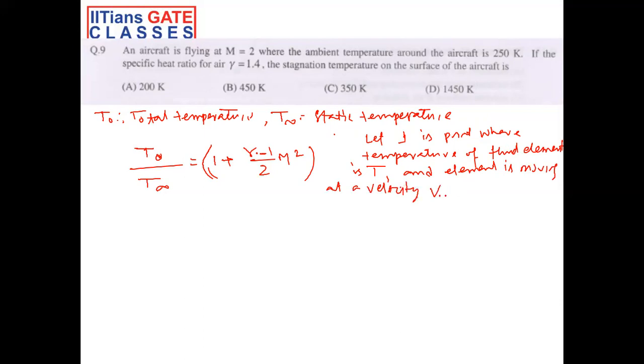Now if this fluid element which is moving at a velocity is brought to rest isentropically, and that point is denoted as 2, then the temperature at point 2 is defined as stagnation temperature.